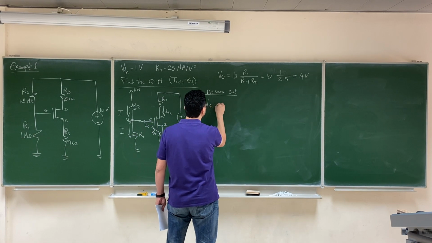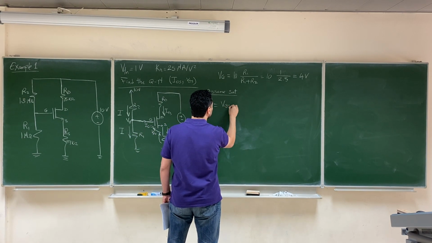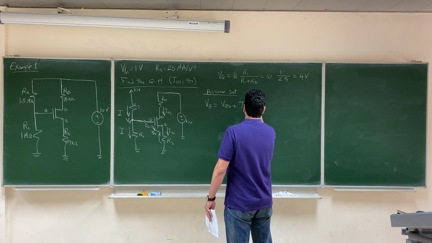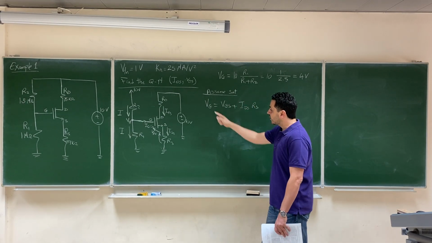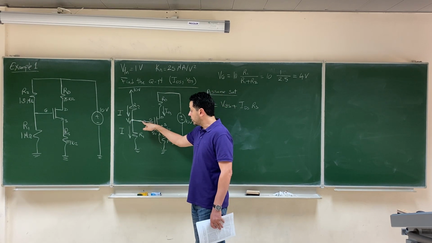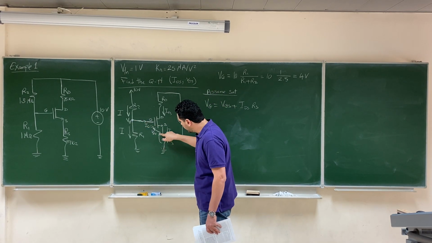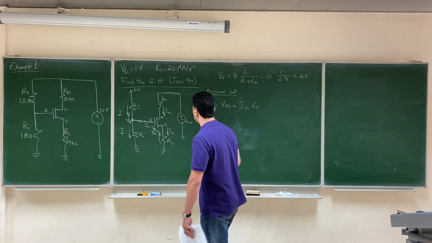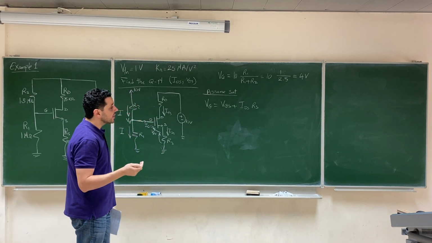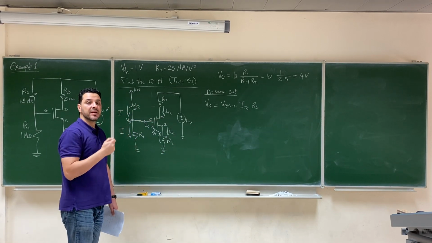So the voltage of the gate equals VGS plus the drop across this resistor, which is IDS RS. The voltage of the gate we already calculated to be 4 volt. So this 4 volt comes from the drop here plus the drop here: VGS plus IDS RS. But we know that IDS already depends on VGS.